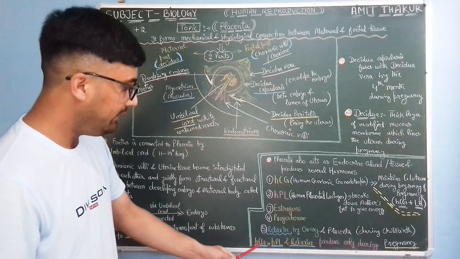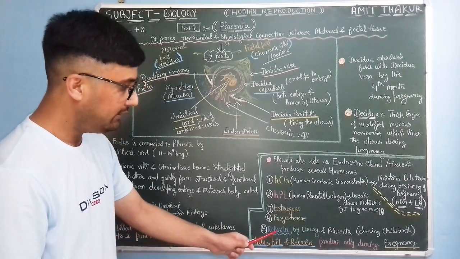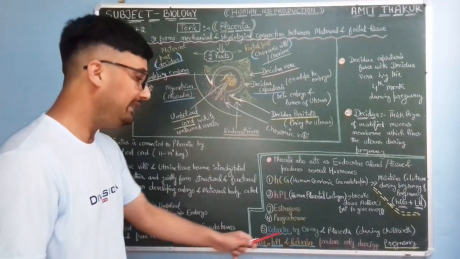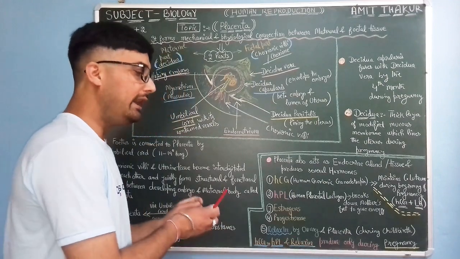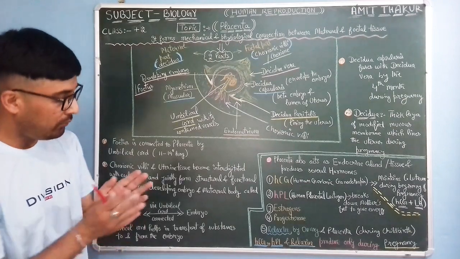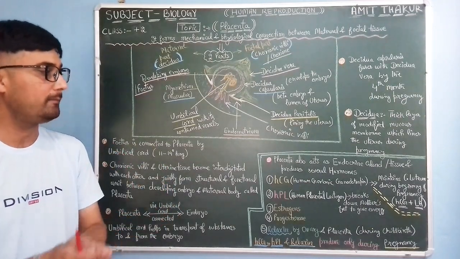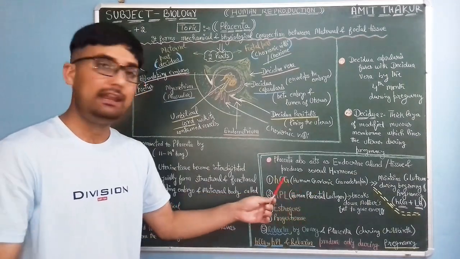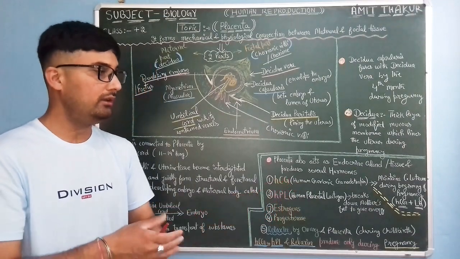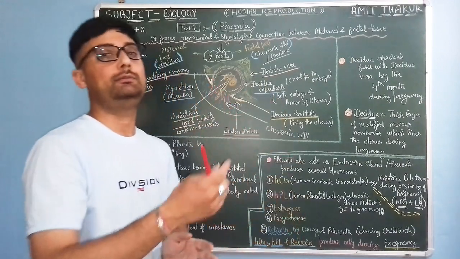And one more thing: HCG, human chorionic gonadotropin, HPL, human placental lactogen, and relaxin, all three of these hormones are produced only during pregnancy. So HCG with LH, luteinizing hormone, stimulates the corpus luteum to release progesterone.